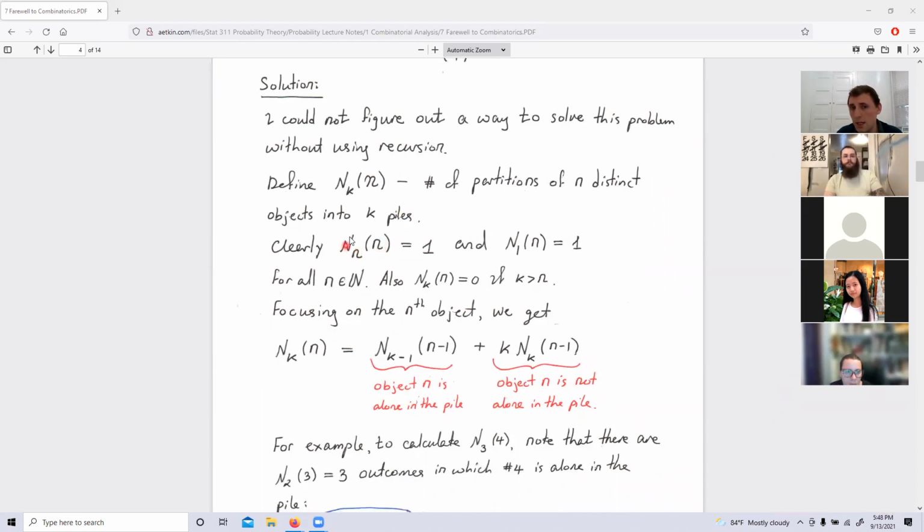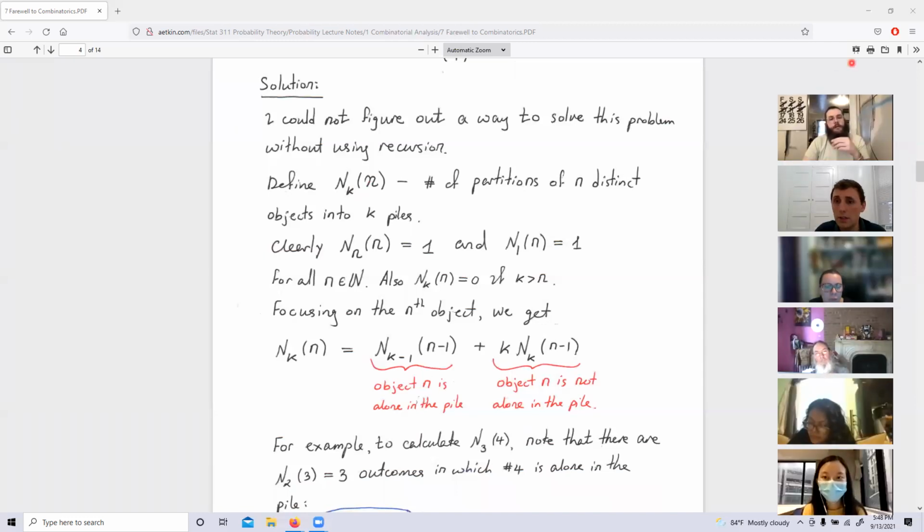For example, N sub n of n is obviously 1, because it means divide n objects into n piles. You agree? And that means that each pile receives 1 object. And we don't really care about the arrangement of the piles, right? There's no such thing as pile 1, pile 2, pile 3. All that matters are your friends in the pile, right?